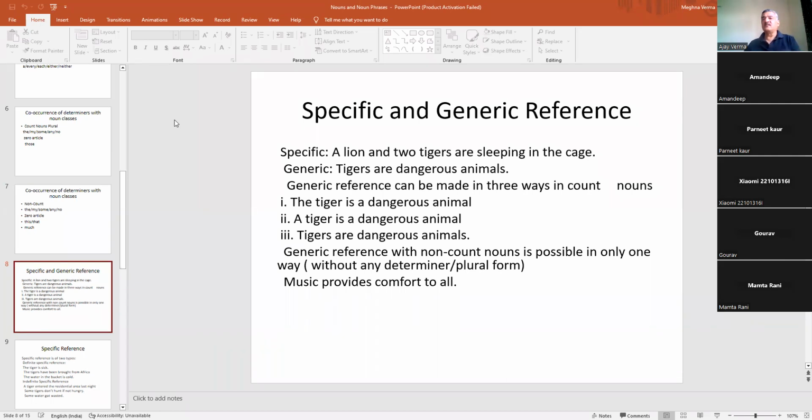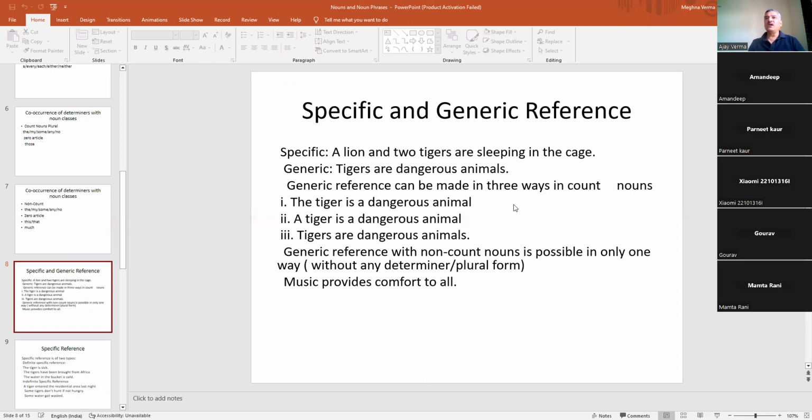Specific reference is that reference where we are referring to one unit of the whole class, and generic reference is a reference where we are referring to the entire class. So the next few slides will deal with these two references, how these references are made.